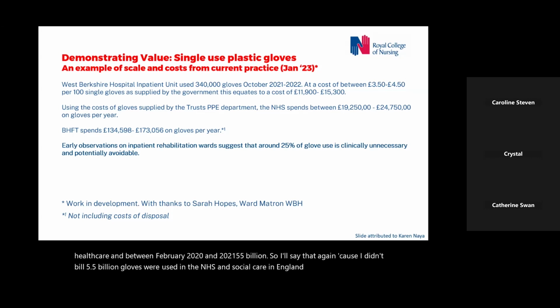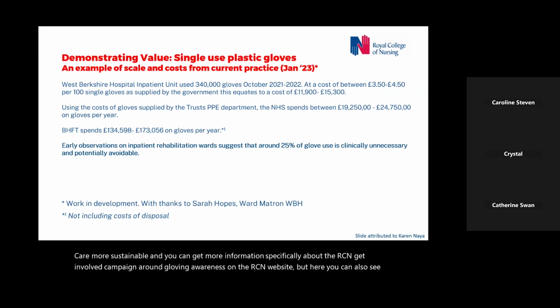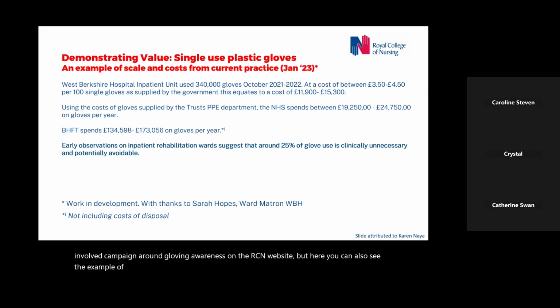By making one change to reduce unnecessary glove use, we can help make healthcare more sustainable. You can get more information specifically about the RCN Get Involved campaign around glove awareness on the RCN website. But here you can also see the example of West Berkshire Hospital inpatient unit.